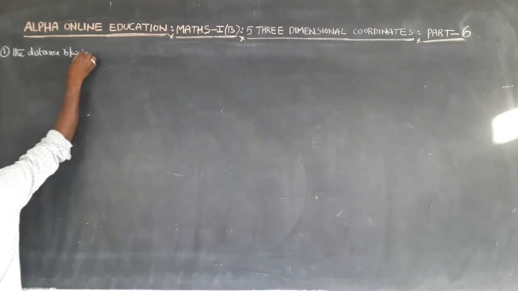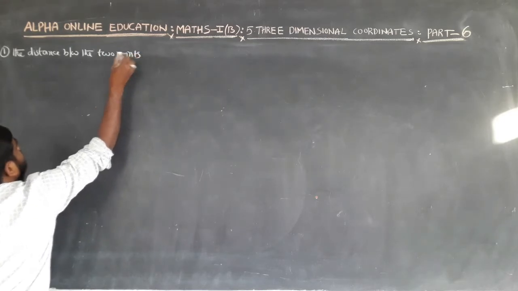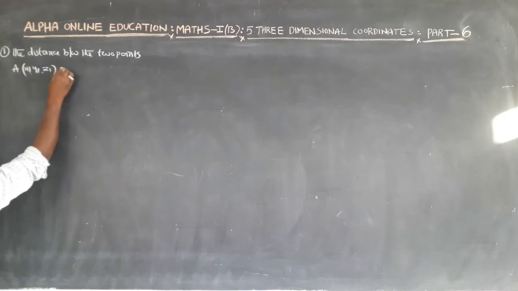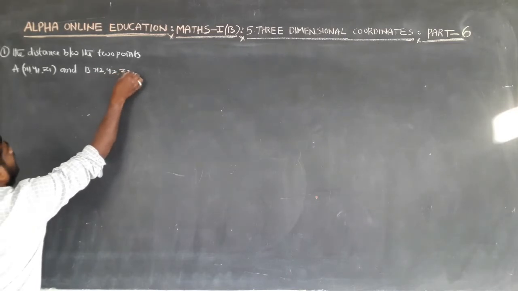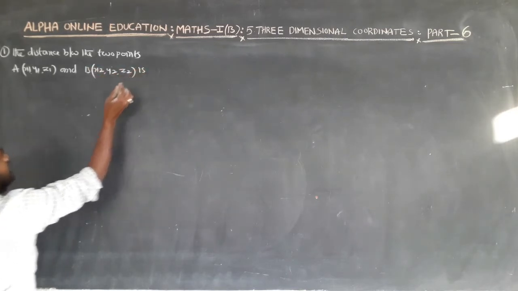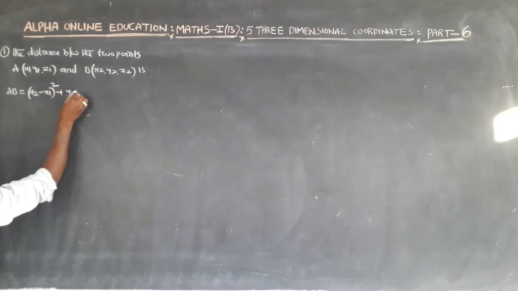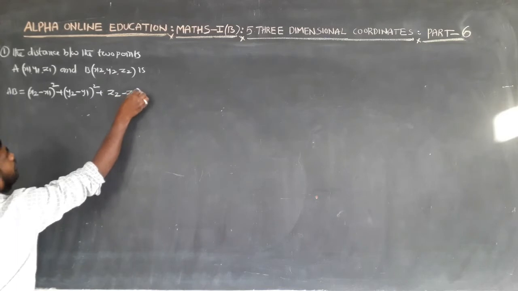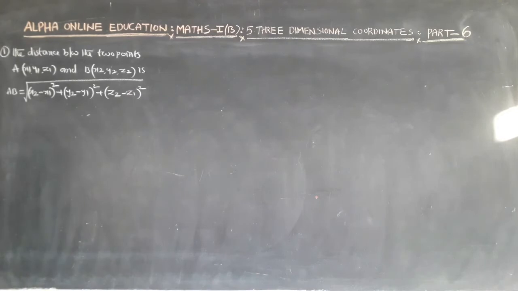The distance between the 2 points. A point x1, y1, z1 and B point x2, y2, z2, AB is equal to under root of x2 minus x1 whole square plus y2 minus y1 whole square plus z2 minus z1 whole square.